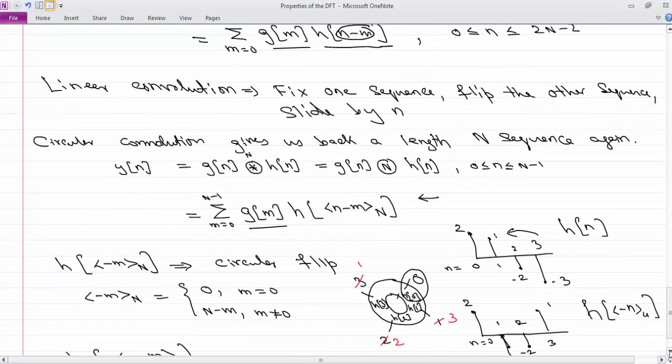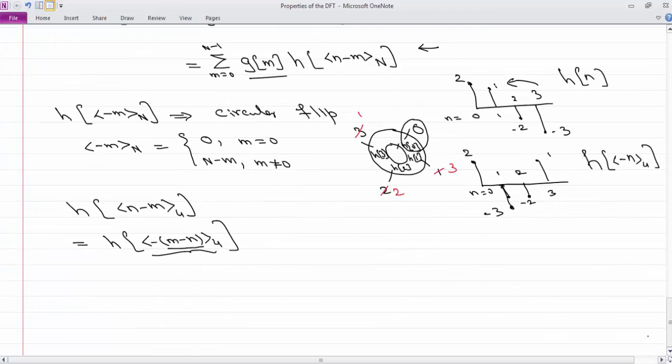So let's then interpret what it is saying, or how you calculate different values of your circular convolution. So of course y0 is simply equal to the sum over m from 0 to n minus 1 of g of m h of minus m mod n.